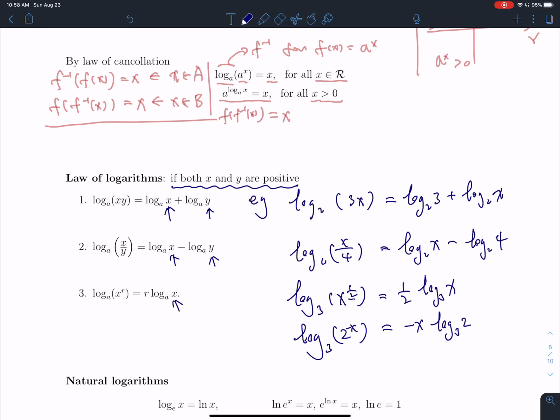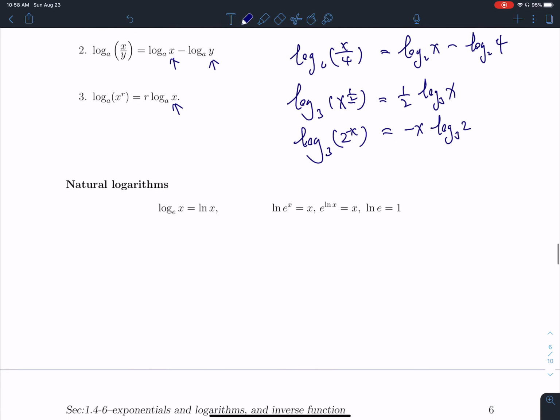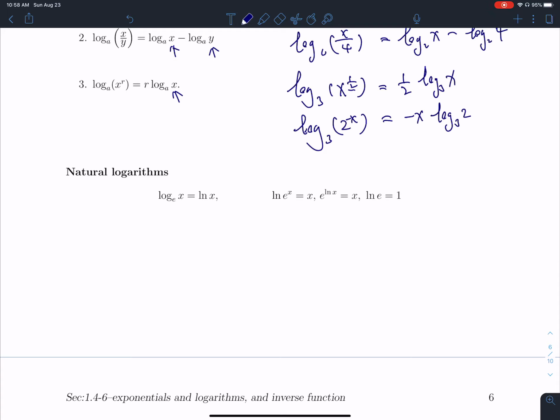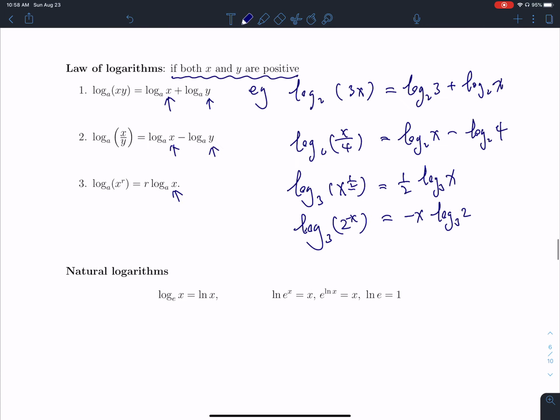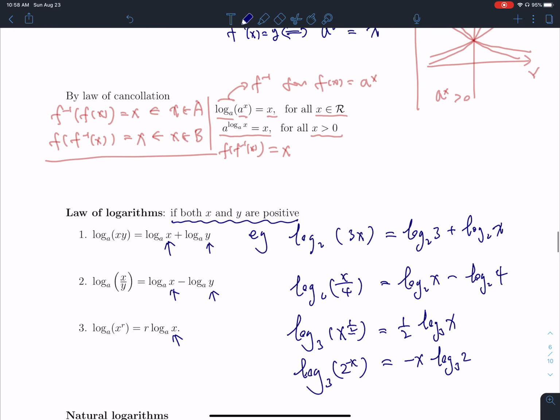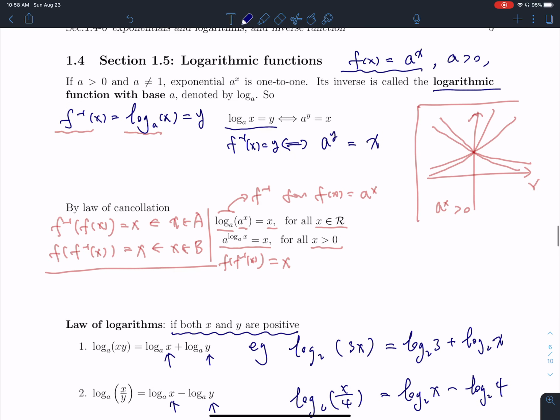All right, and one important fact about the logarithmic function is that here we say the base a cannot be 1. Well, that is for sure, because when we define this logarithmic function, we said a cannot be 1.